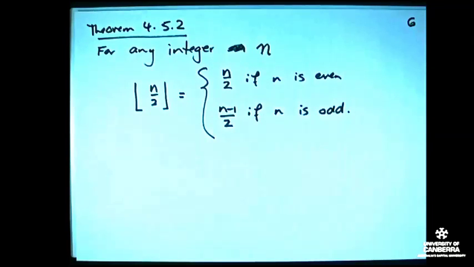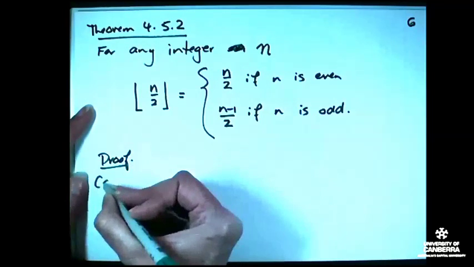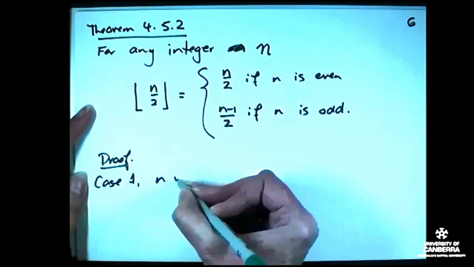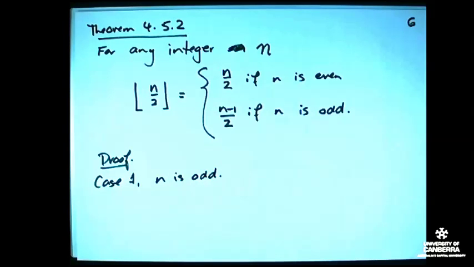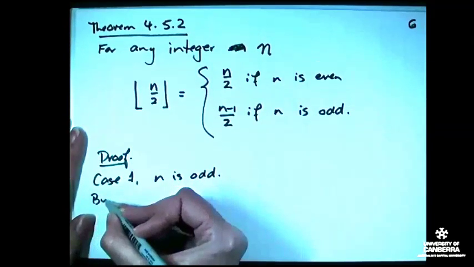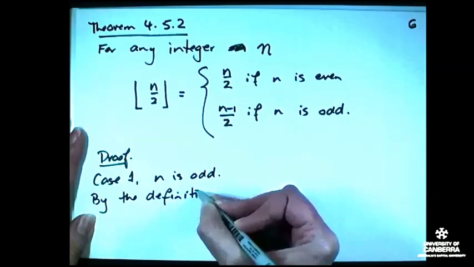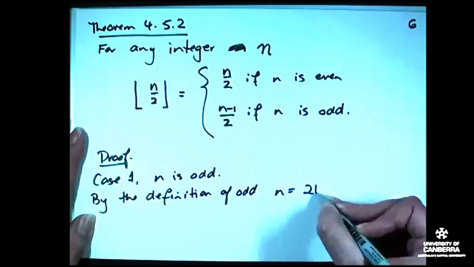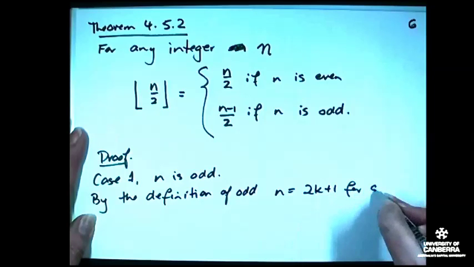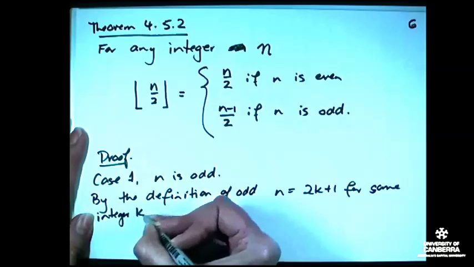Okay, so now we're going to do the proof, and we're going to do the proof by division into cases. Case 1. n is odd. So we say, all right, by the definition of odd, n is equal to 2k plus 1 for some integer k.